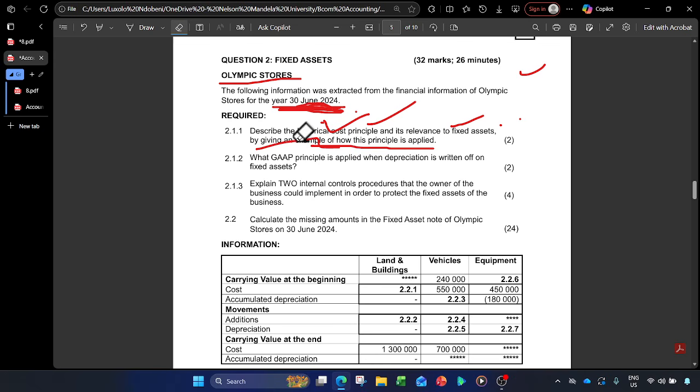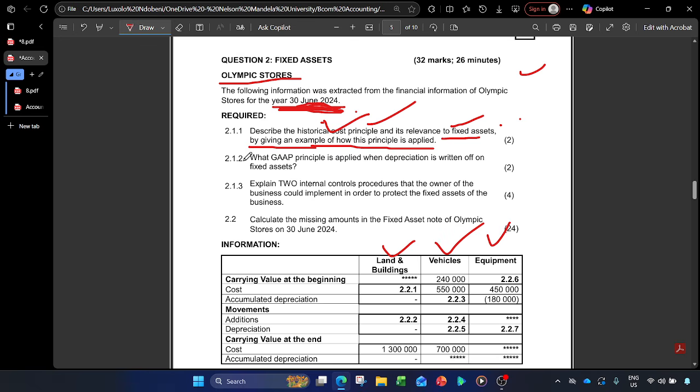In this question they ask you two things. First, to define the GAAP principle, which is historical cost, and the other is to give an example of how it can be applied by considering its relevance to fixed assets. Remember, fixed assets are land, buildings, equipment or machinery. There are a lot of fixed assets.